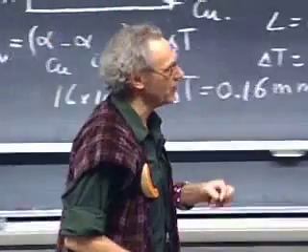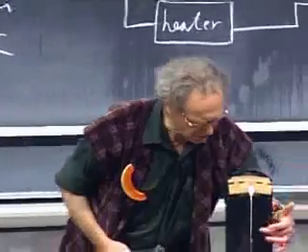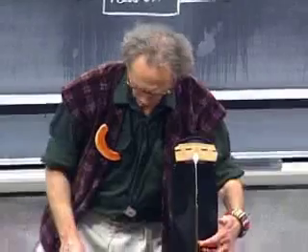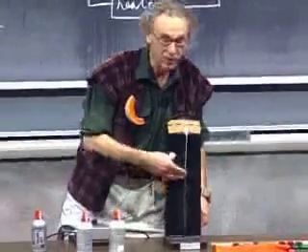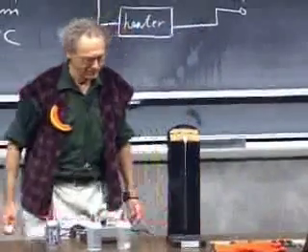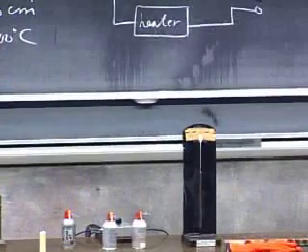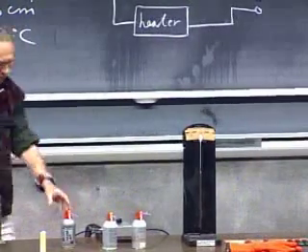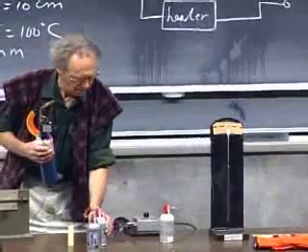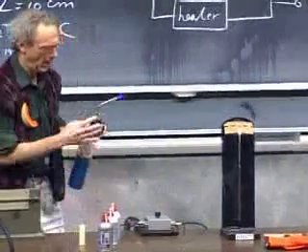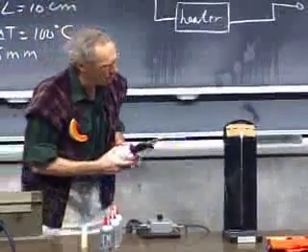I have here a bimetal. One side we believe is aluminum, and the other side we believe is iron. And when I heat that, you will see that it starts to bend. There we go.